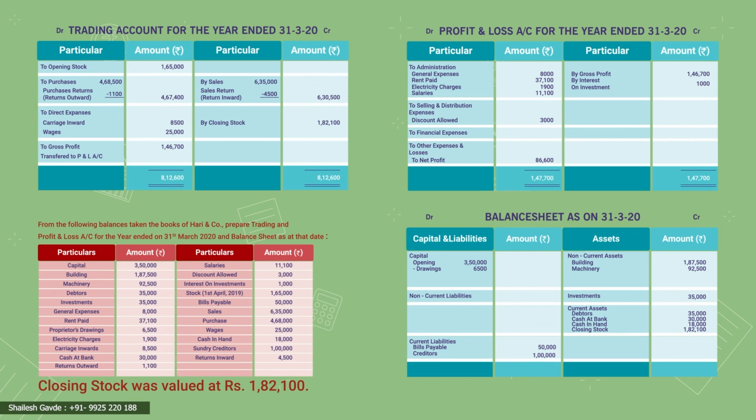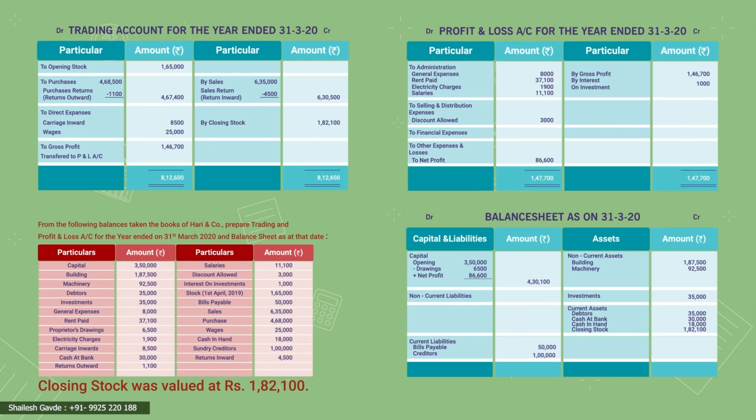This net profit, guys, we add with capital on liability side of balance sheet, where you have done the calculation of opening capital minus drawings. Now with that we'll add plus net profit 86,600. We'll get a closing capital of 4,30,100.